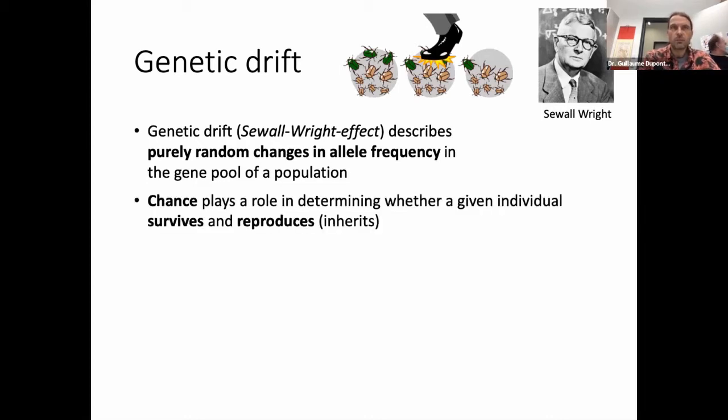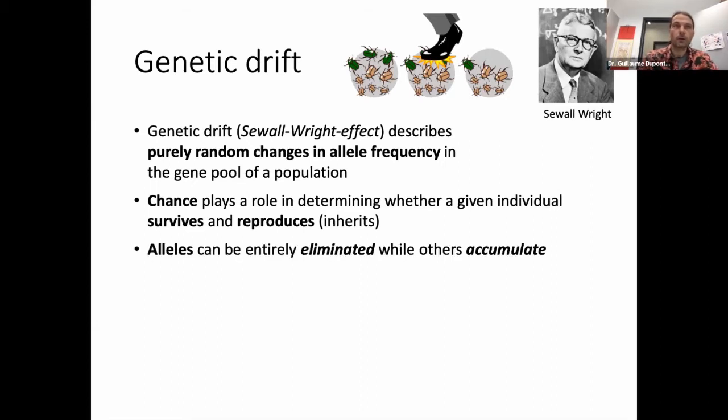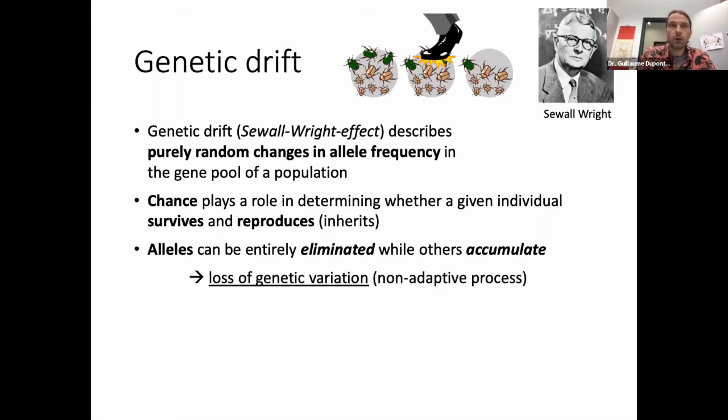And it's purely based on chance. So it's not that an organism which survives and reproduces has certain advantages. It's simply a random process which determines it. And such random processes can potentially eliminate entire alleles, and others could accumulate. So genetic drift can result in the loss of genetic variation because it's a non-adaptive process.